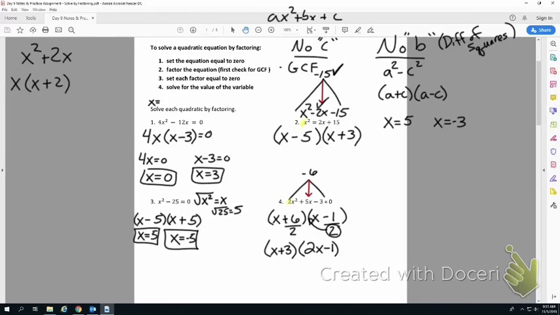So whenever I solve this, what are my two solutions? Okay. Negative 3 and 1/2. I asked you for that because in my other two classes, I had a lot of people tell me that second factor, 2x minus 1, gave me positive 1.